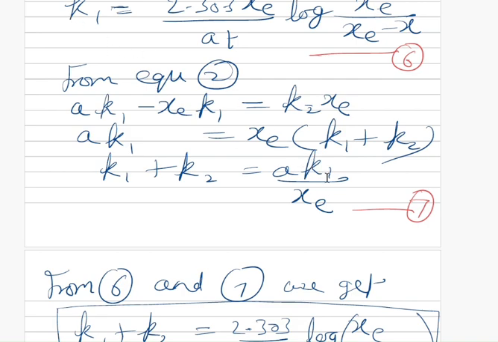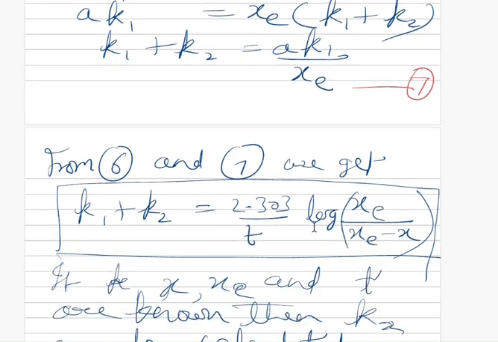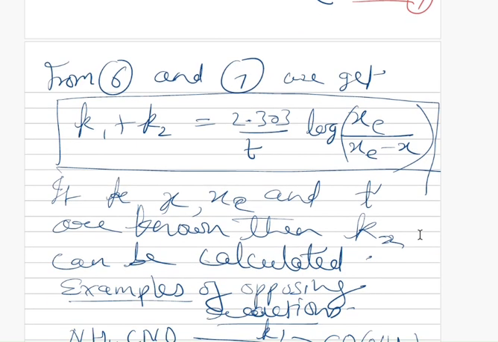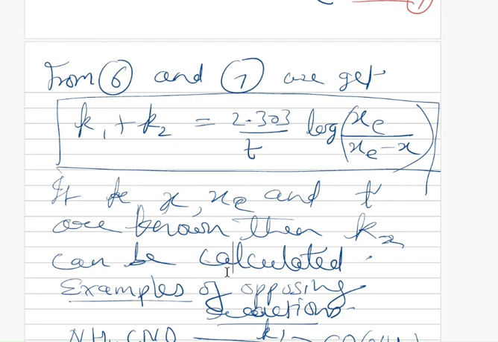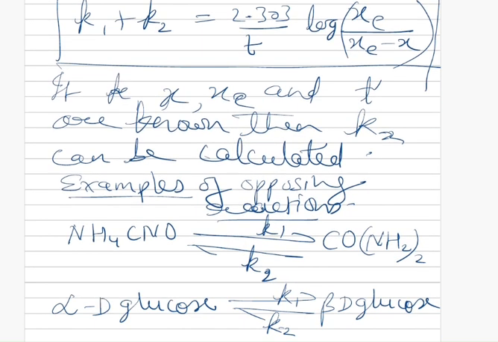Putting it here, we get that k1 plus k2 is equal to 2.303 by t log xc upon xc minus x. If kx, xc and the t values are known, then k2 can be calculated.